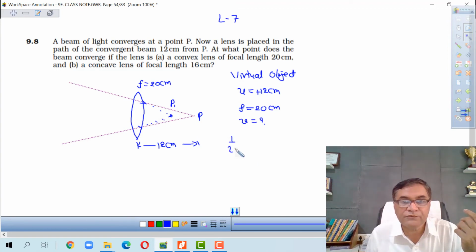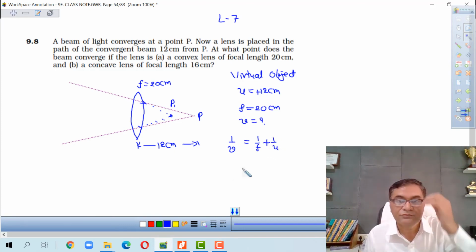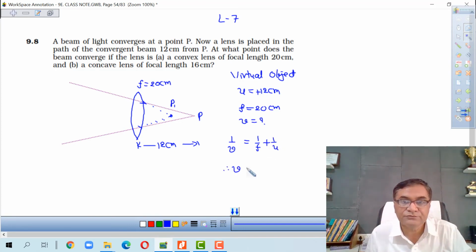So we have 1 upon V is equal to 1 upon F plus 1 upon U, and therefore V is equal to FU upon F plus U. F is 20 centimeter, U is 12 centimeter, upon 20 plus 12.